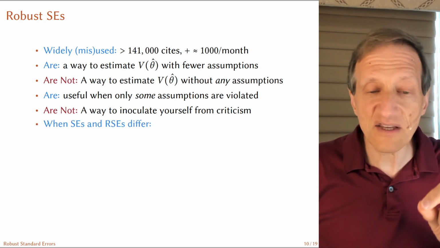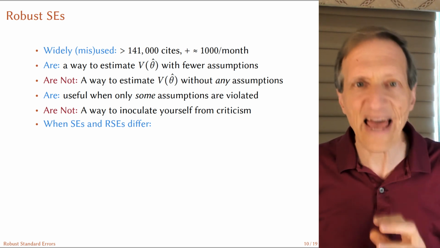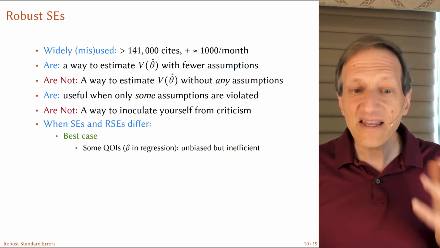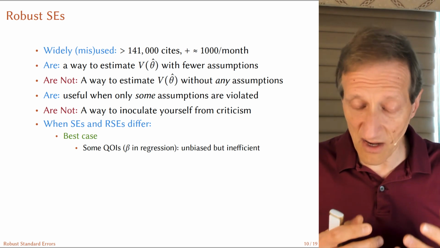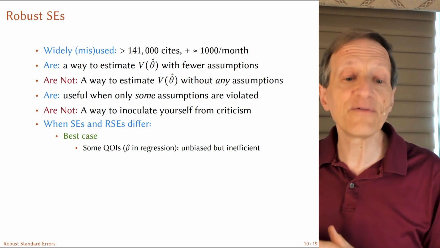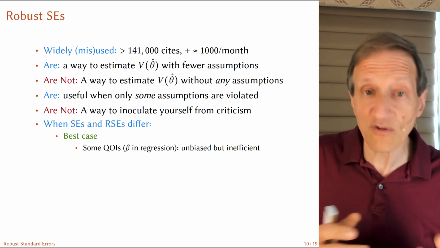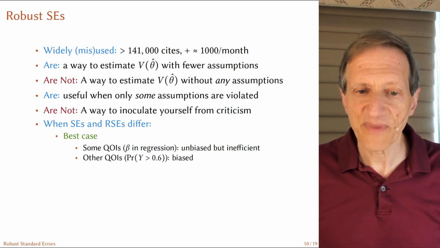When the classical standard errors and the robust standard errors differ, what does that mean? Well, in the best case, some quantities of interest, for example beta in regression, are unbiased but inefficient. So that's interesting. That's useful. That may indicate that there's a way of improving them.